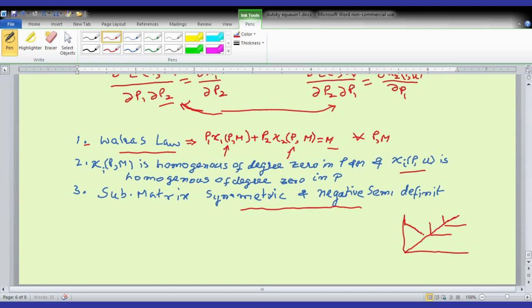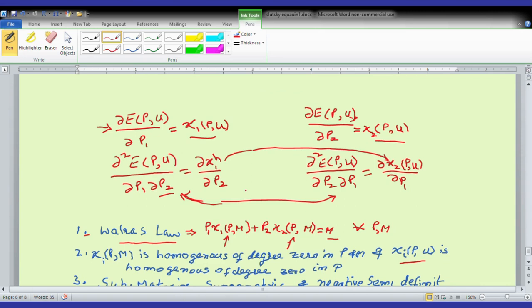For example, if this was your first budget constraint, the price of good one increased and then you provided the compensation, the substitution effect is equal to 0. So this is true about the properties of the Marshallian and Hicksian demand functions, and the last property is something that we are able to see due to our discussion on the Slutsky equation.